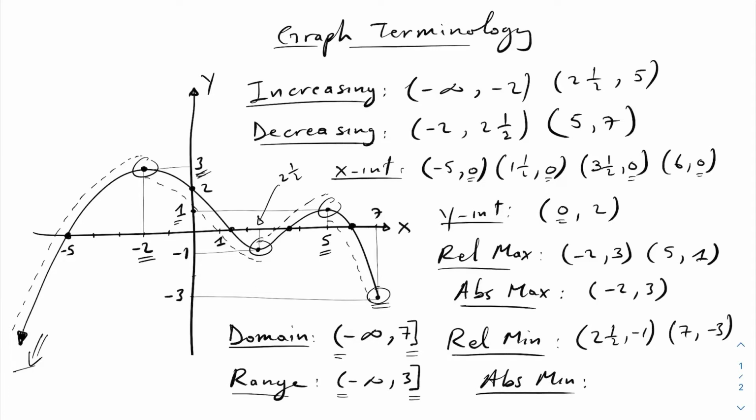As you can see here, you cannot say in this case that your lowest point possible is going to be at 7, -3, because although that's the lowest relative minimum, it's not the lowest point for our graph because we have this arrow on the left here that goes down forever. And so for our global or absolute minimum here, you're going to say that that does not exist just because you're going down forever, and that would be it.